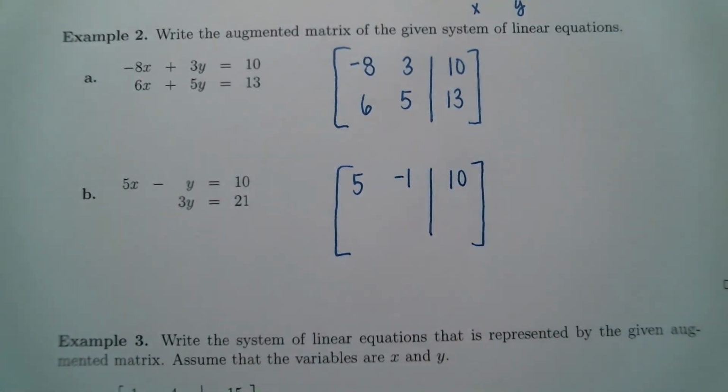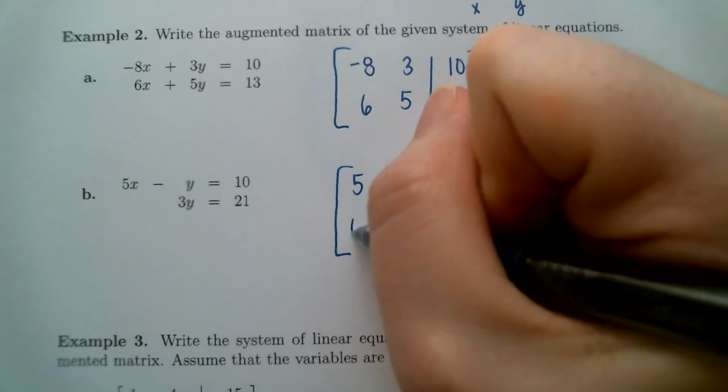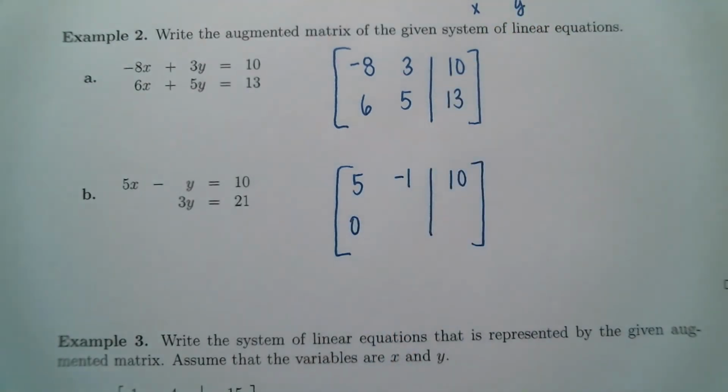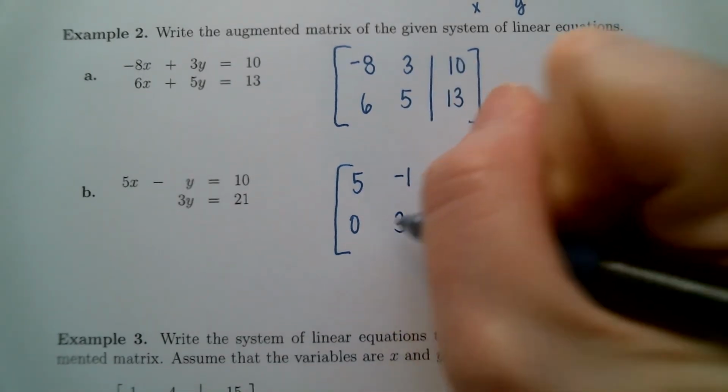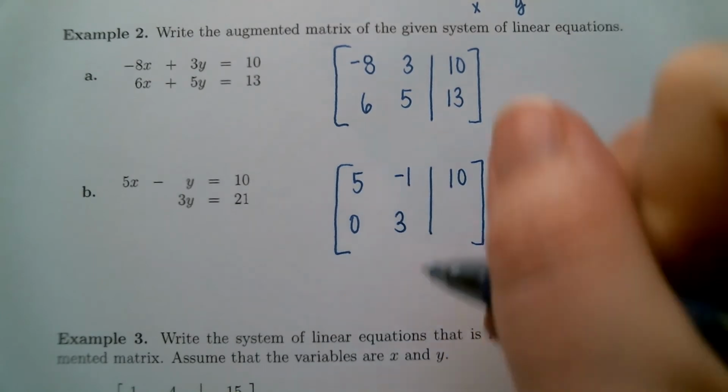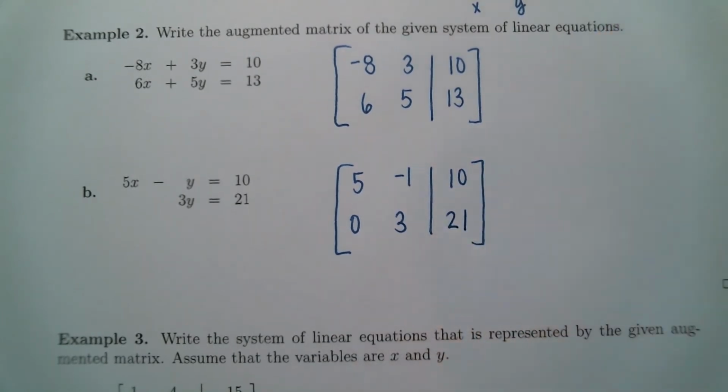In the second equation, the x is missing. You have to put a 0 there as a placeholder, or it's not going to work out correctly. If any variable is missing, you have to put 0 as a placeholder. Think of it as 0 times x, and then there's a positive 3 in front of y, and 21 on the other side. That would be your augmented matrix for this system.